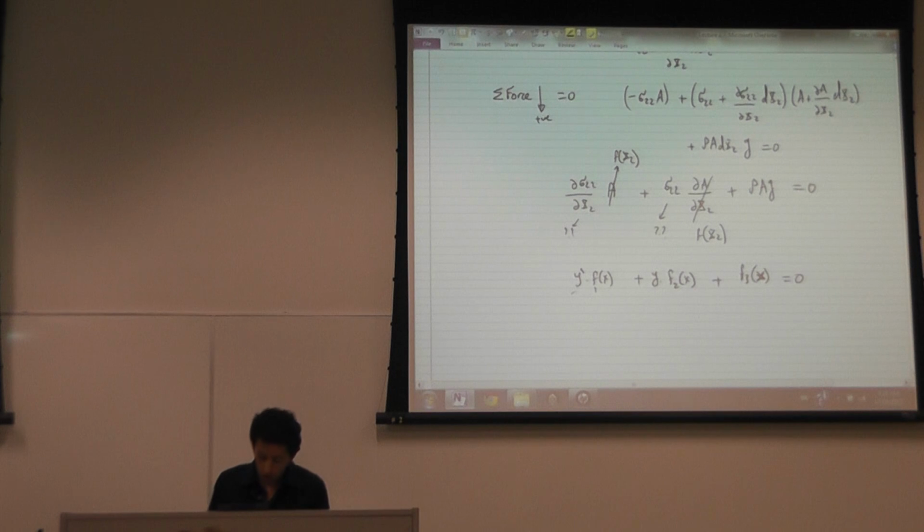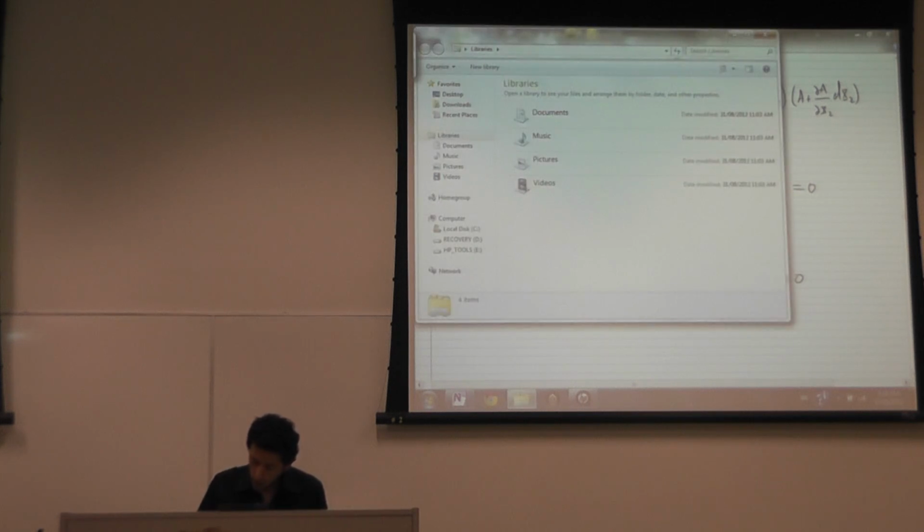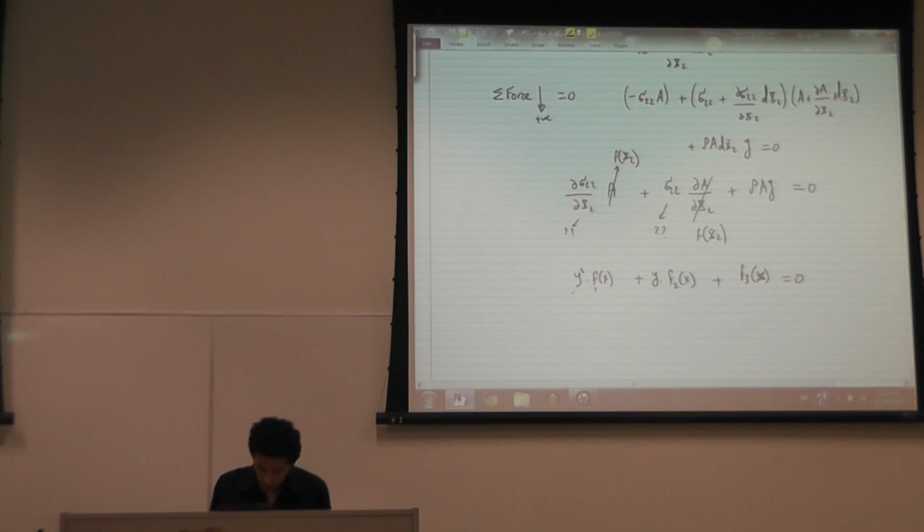With the boundary conditions, we need only one boundary condition, which is at x2 equal L, where the stress is equal to the force divided by the area at that point.